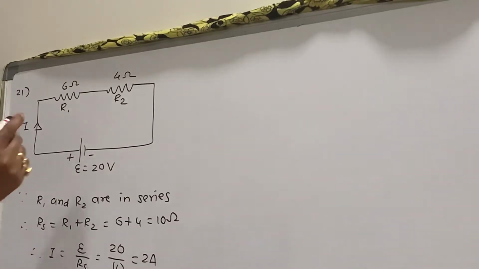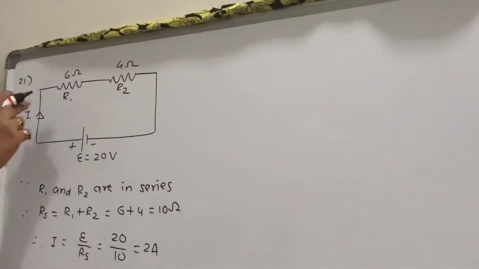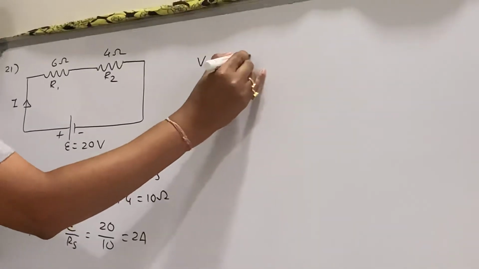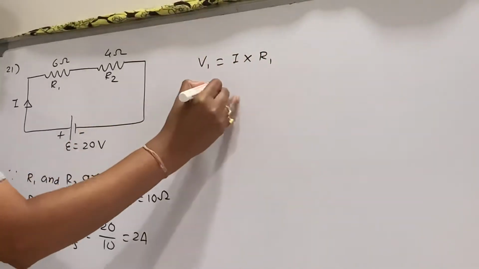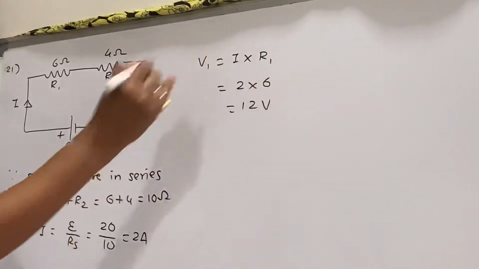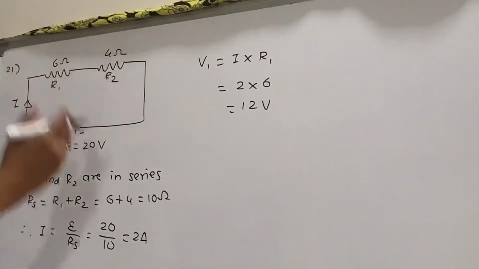Now the second part: they want the potential difference across R1. So we write V1 is equal to I into R1. I will be 2, R1 is 6, that comes up to be 12 volt. Sometimes they can ask to find the potential difference across R2 also.